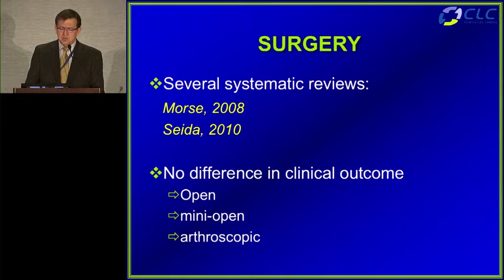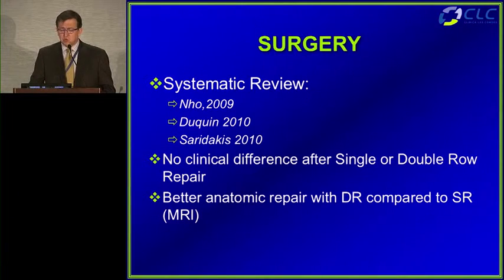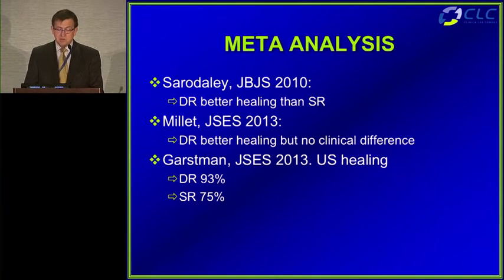Several systematic reviews of surgery show no difference in clinical outcome when we perform the repair open, mini-open, or arthroscopic. Some systematic reviews show as well that there is no clinical difference after single or double row repair. But we have better anatomic repair with double row compared with single row when we examine it in the MRI.